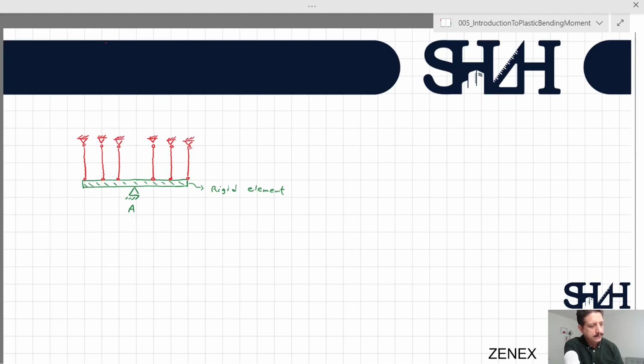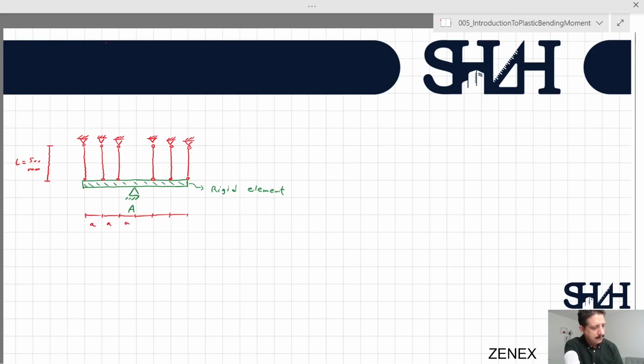All rods are with the same length, and the spacing between the rods is also the same.